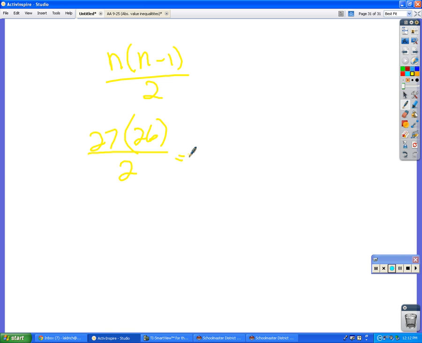Okay? I'm going to do the math the easy way. 26 divided by 2 is 13, and then 13 times 27 is 351. So there would be 351 handshakes in this room if everybody got up and shook everybody else's hand, which is a good reason for us not to do it. That would be a lot of handshakes. It would take a long time. Right?